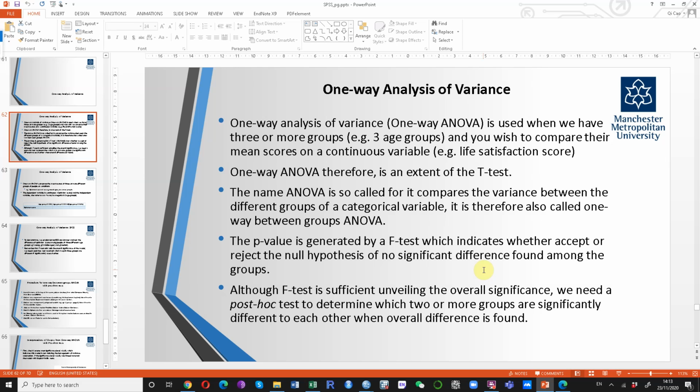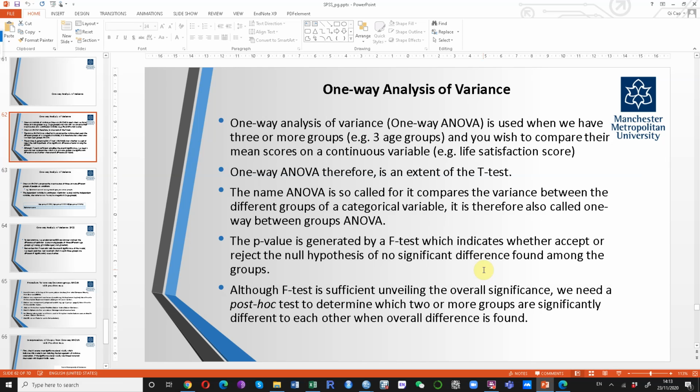One thing that is slightly more complicated with the one-way ANOVA test is the post hoc tests, which don't exist with the t-test or chi-square test, because those two are comparing across two categories.